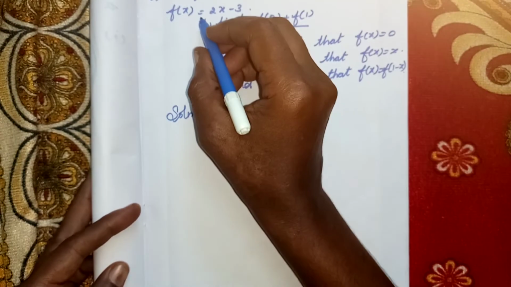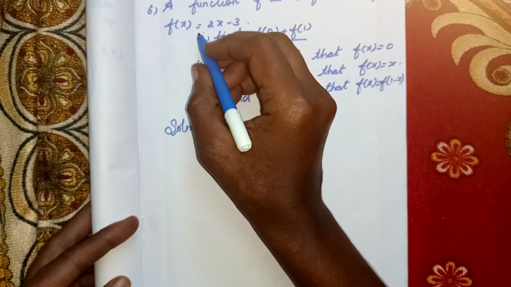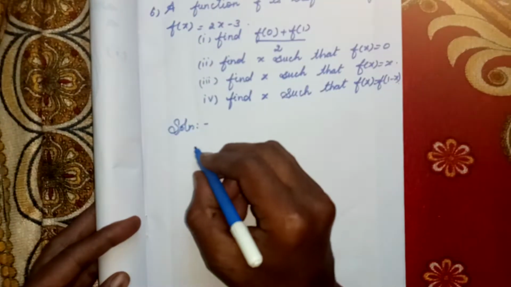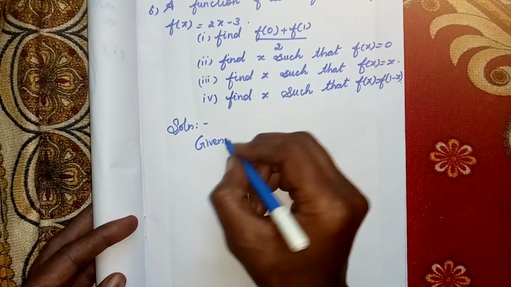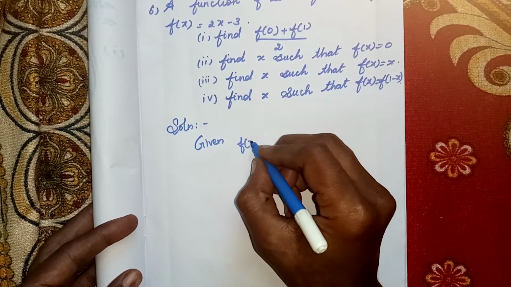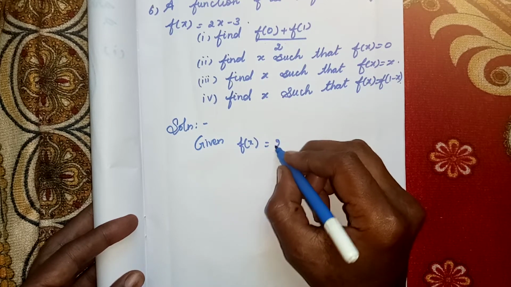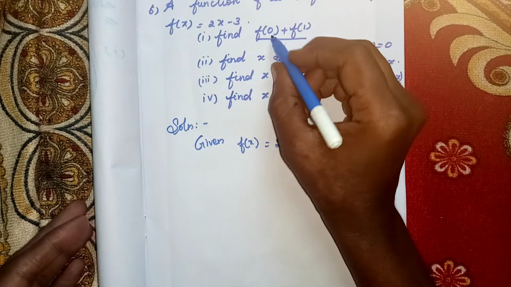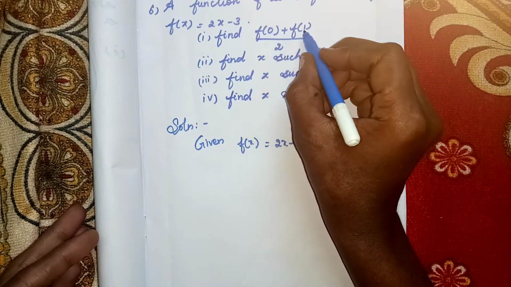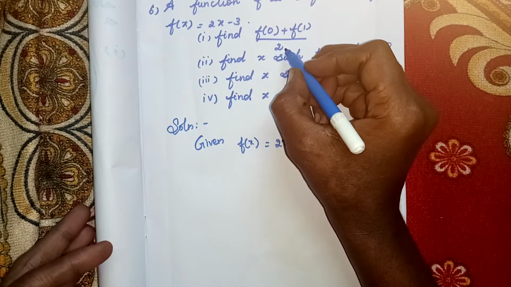What is given? What's the function? f(x) = 2x − 3. Clear? Now we have to find f(0) + f(1)/2.